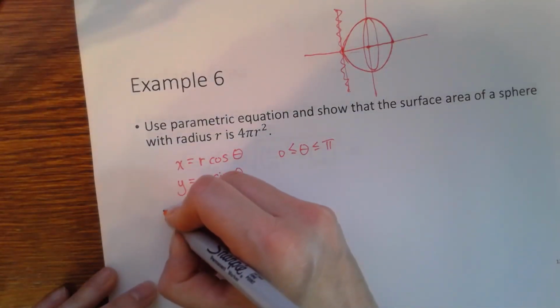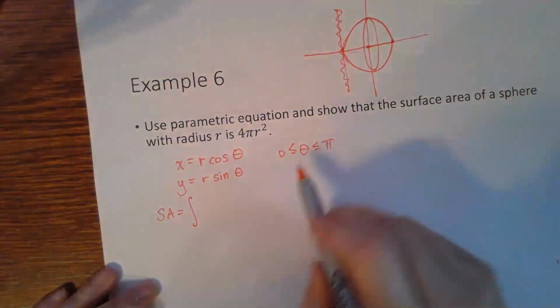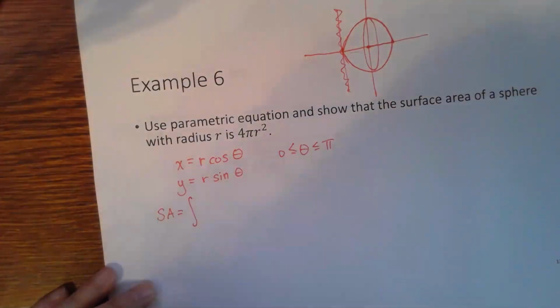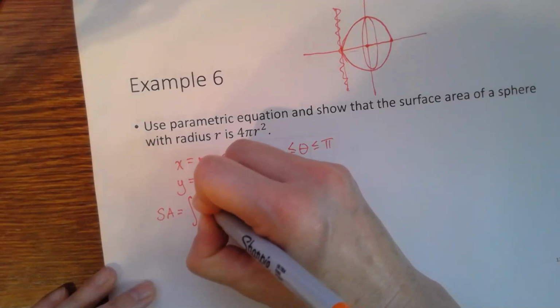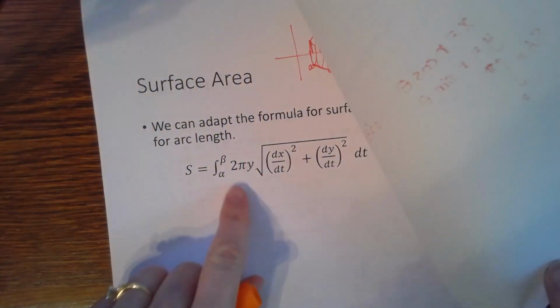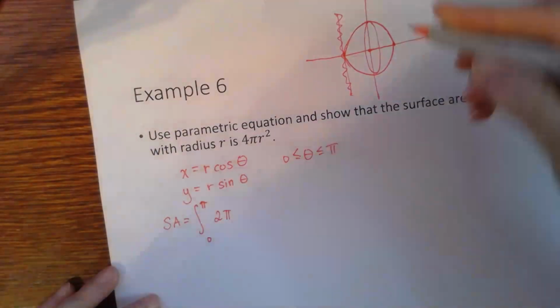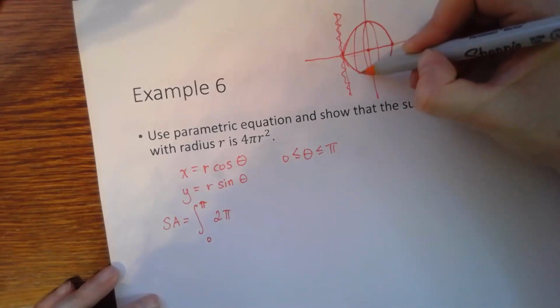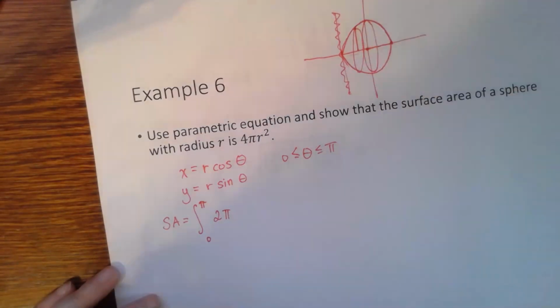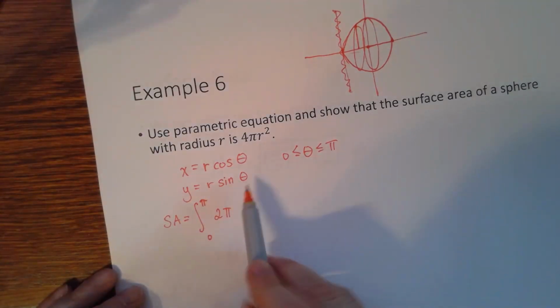Okay, so if I'm looking for the surface area, I want my theta only to go from 0 to pi. And then going back here, I want 2 pi times y. If I'm looking at any random circle along here, this y value is going to be the radius of that circle. Well, y is r sine theta.